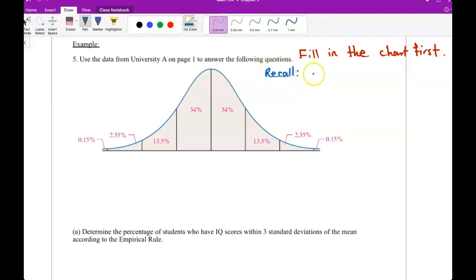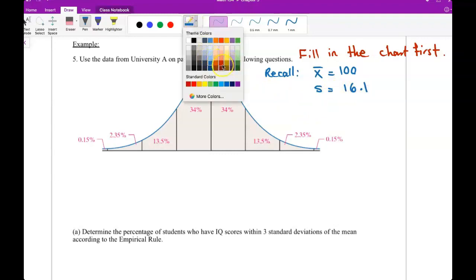Recall that from the first page, the sample size was 100 for University A, and the sample standard deviation was equal to 16.1, and our histogram was bell-shaped.